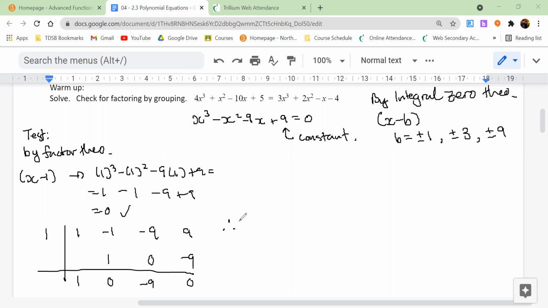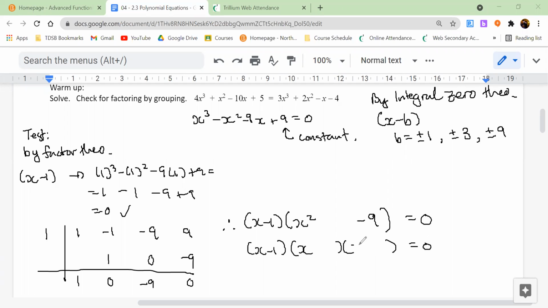Therefore, my new function is going to be x minus 1 times x squared plus 0x minus 9 equals 0. And of course, I don't have to write that down. But if you have an eye for this, you will notice that the second bracket is actually a difference of squares. And we can factor that further. It's going to be x plus 3 and x minus 3.